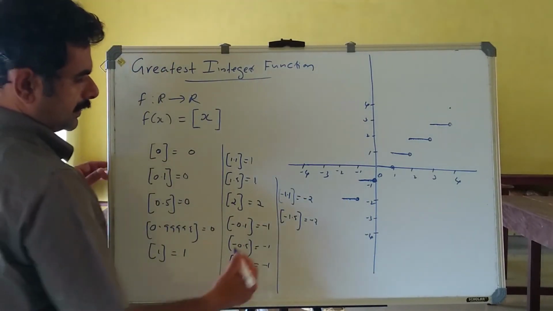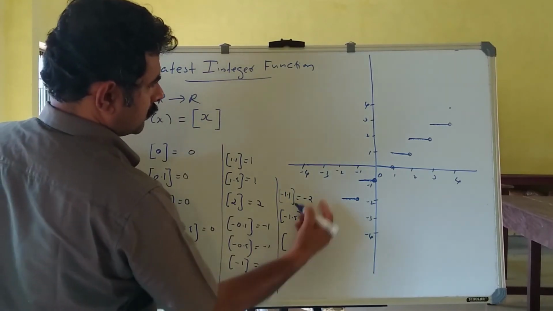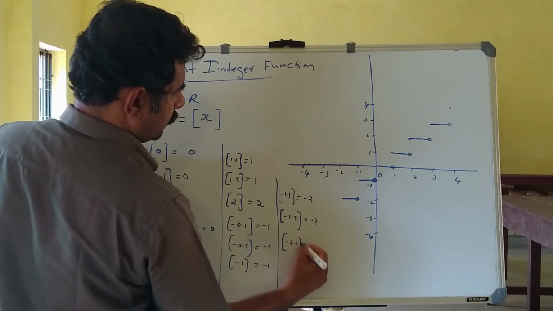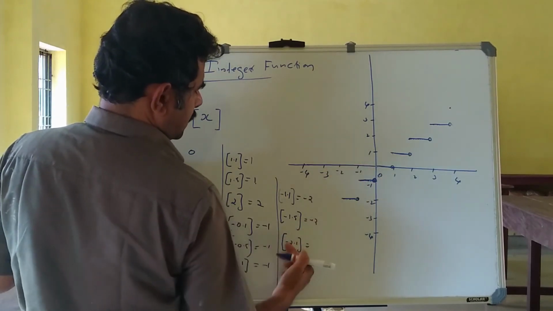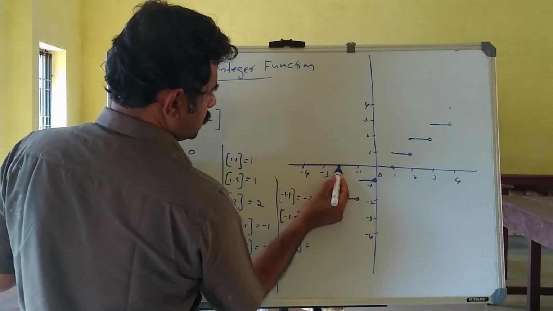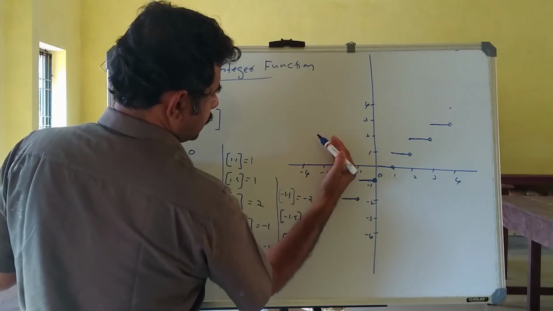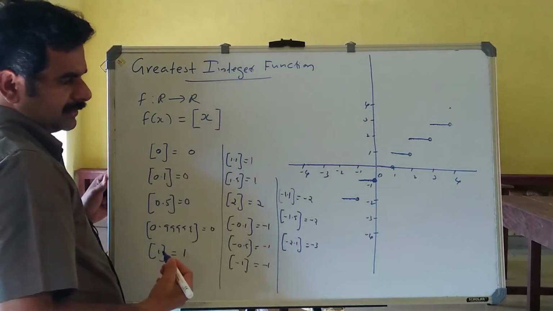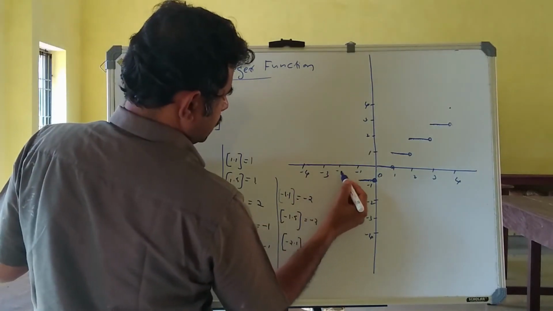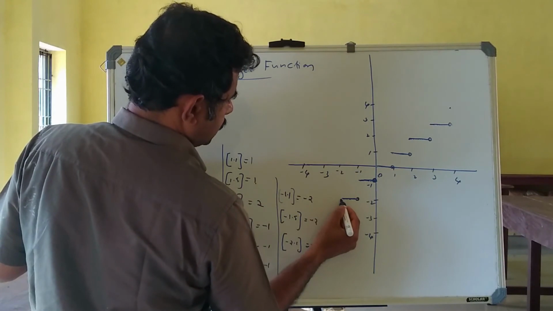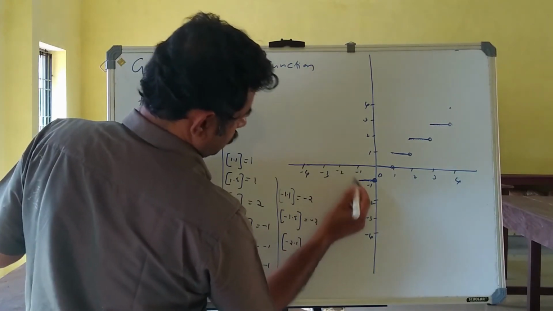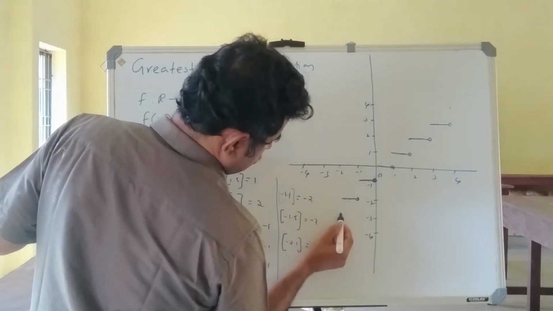Similarly, the greatest integer value of the function at minus 2.1: minus 2 is this one, minus 2.1 here. So the answer is minus 3. The greatest integer is minus 3. That is minus 3 here for minus 2.1.